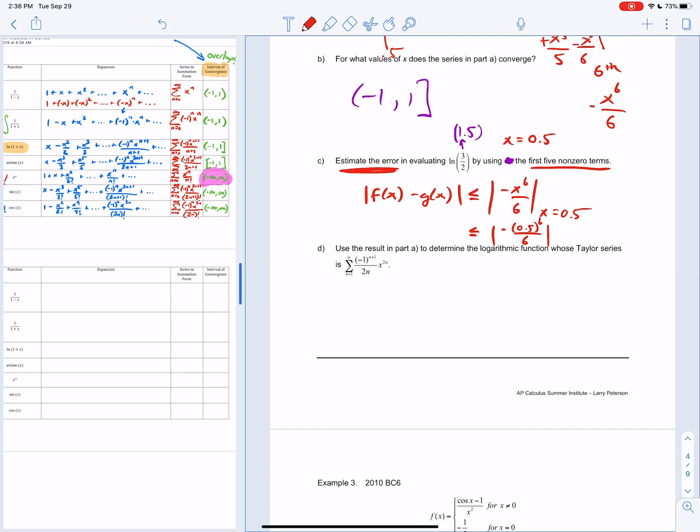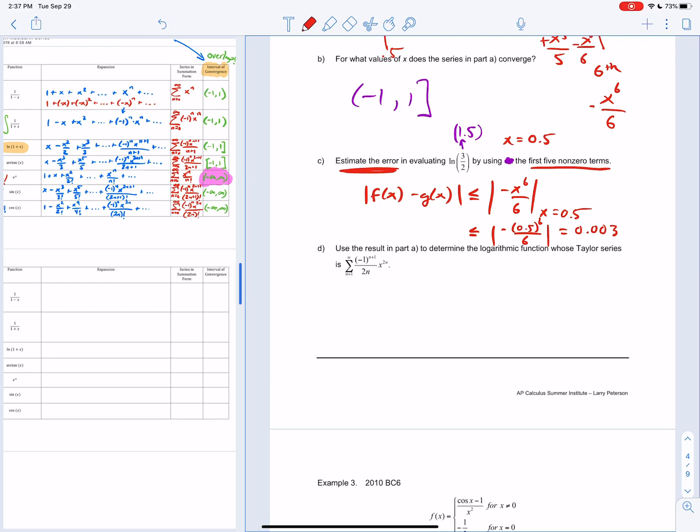Okay? But just for the sake of understanding this, I'm actually going to crank out the numbers for you guys. Here we have 0.5 to the 6th power divided by the 6. I'm going to ignore the negative because it's the absolute value of. I end up getting 0.003 if you round it.